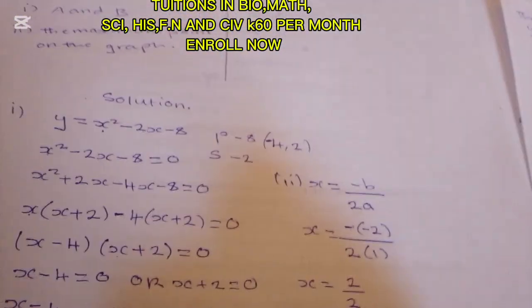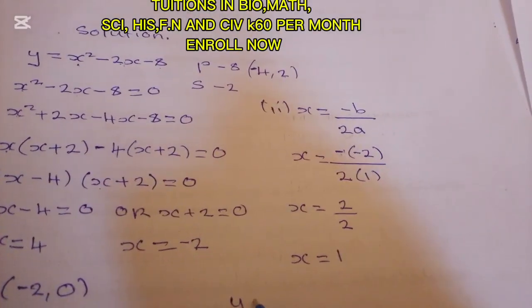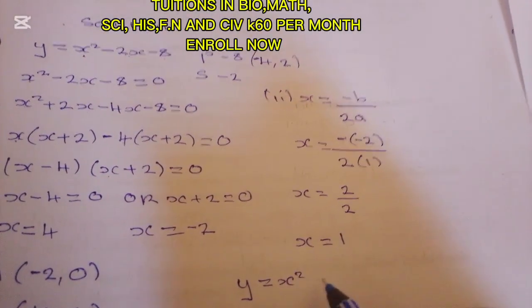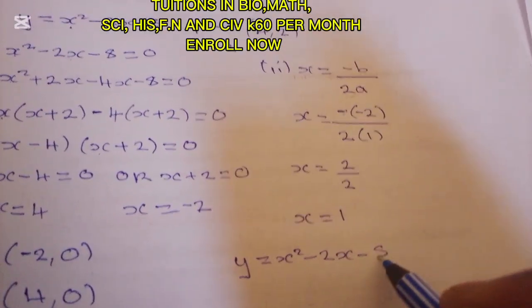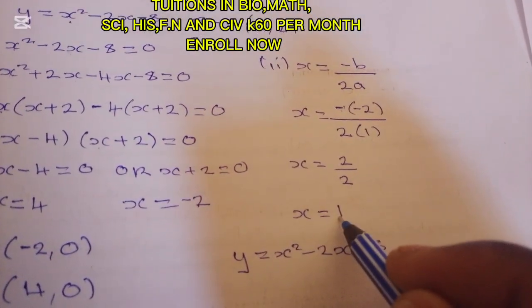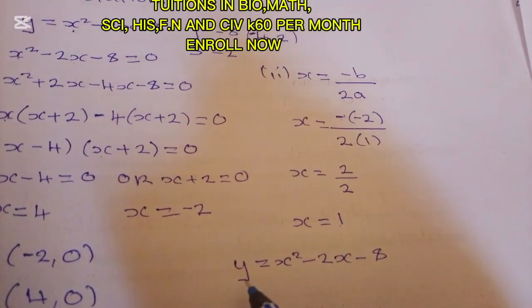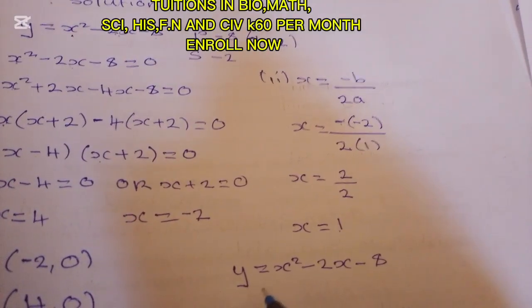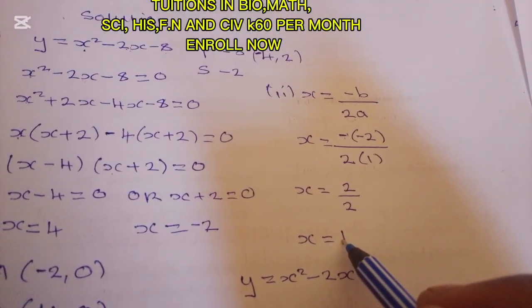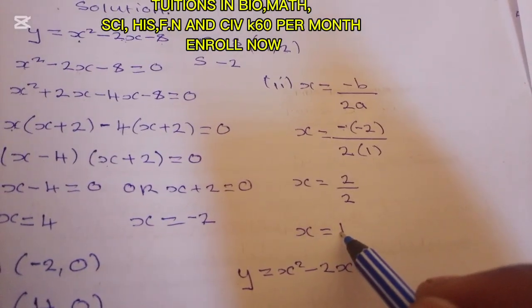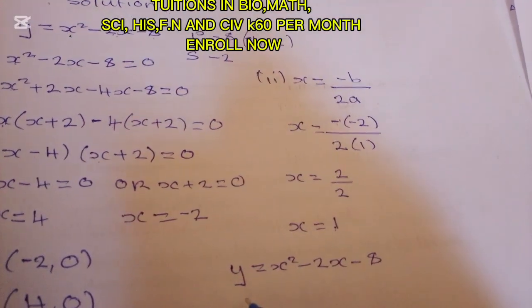Where is it? Okay, y is equal to x squared minus 2x minus 8. So x we have found. Now I have remained with y. So where there is x, we shall replace with 1 here, because we have already found x.